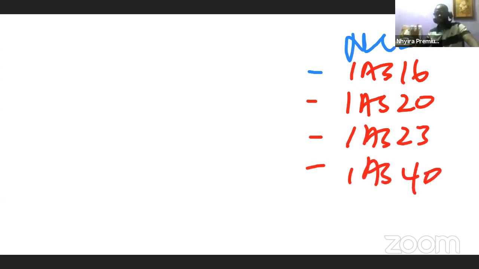And we have IAS 23, borrowing costs. And then the last one is IAS 40, investment property. So if you are going to be strong in IAS 16, you must make sure you understand all of these standards. There are other standards that affect IAS 16, like IAS 12, income tax, because sometimes when there is a revaluation of assets, there could be deferred tax, but I'm not going to go on that.